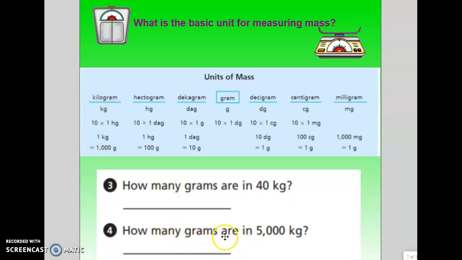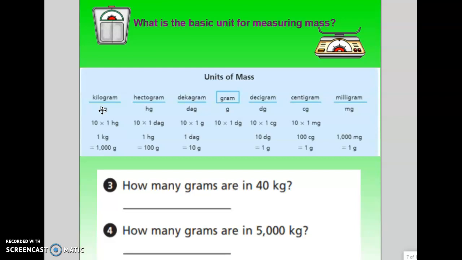How many grams are in 5,000 kilograms? Well, there are 1,000 grams in 1 kilogram. I have 5,000 kilograms, so 5,000 times 1,000.